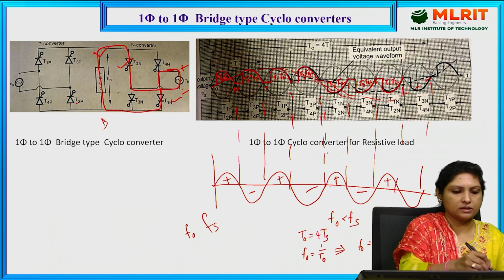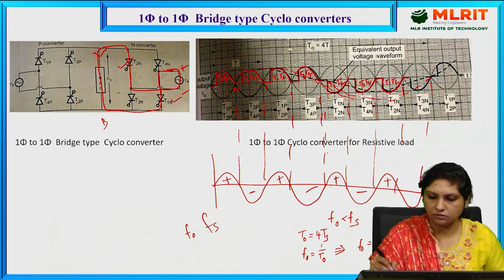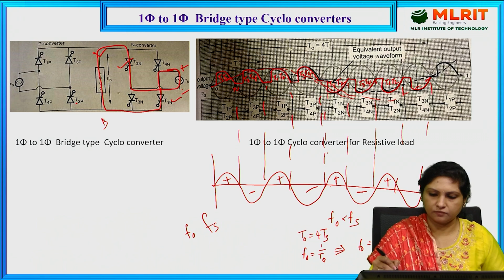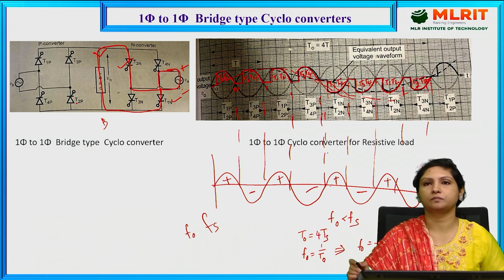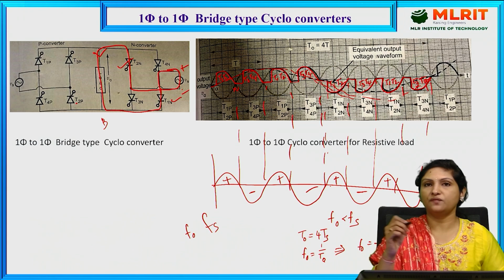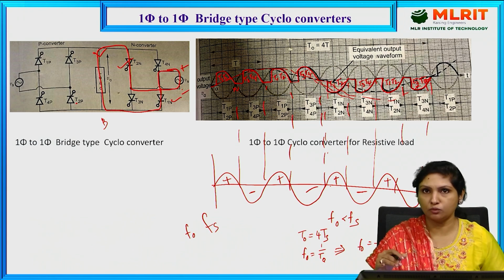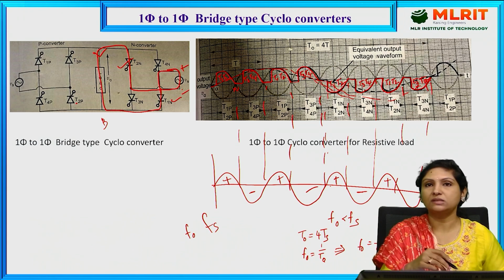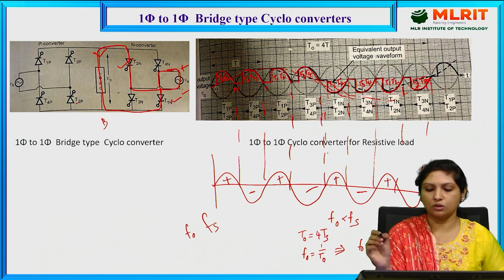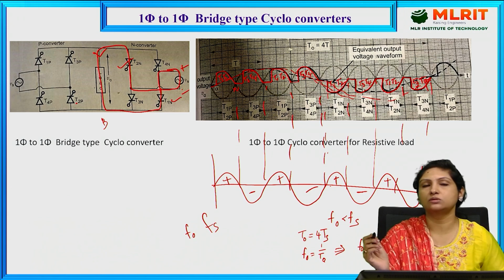And it is conducting current flow in this direction. Then T3, T4 are conducting. T1, T2 and again T3, T4 will be conducting. So if you see, for 4 cycles of input voltage, we are getting 1 cycle of output voltage control. Hence, this is a step down cycloconverter.